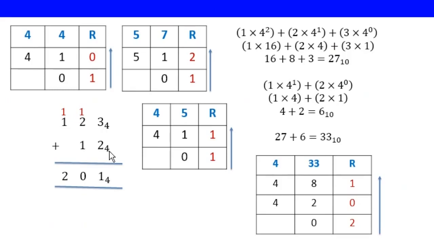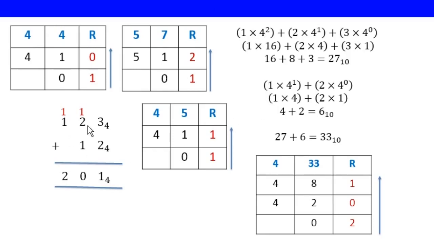Apart from solving it directly and then converting whatever result you get to base 4, you can likewise decide to convert each of the numbers to base 10, then do the addition in base 10. Afterwards, you convert the total to base 4. You get the same answer. So let's look at how we did that.